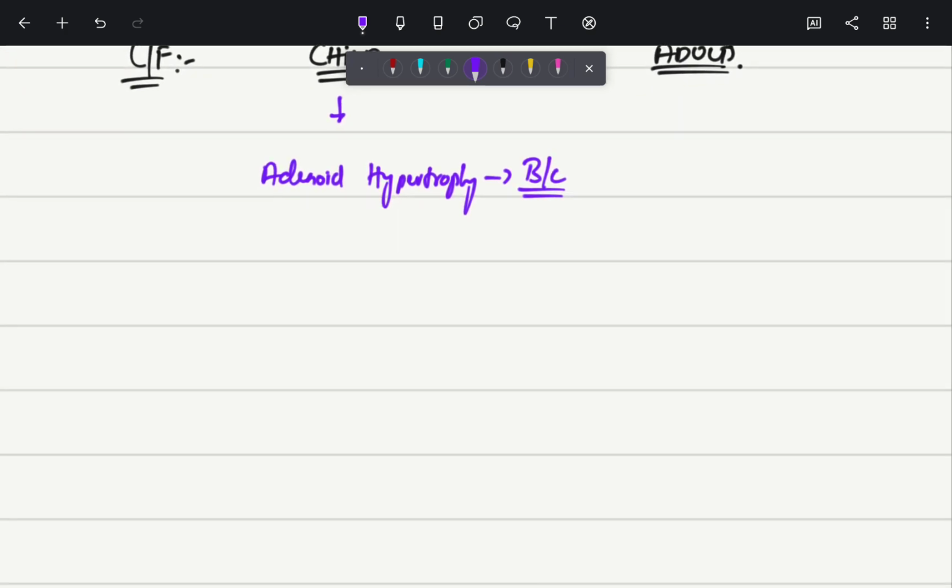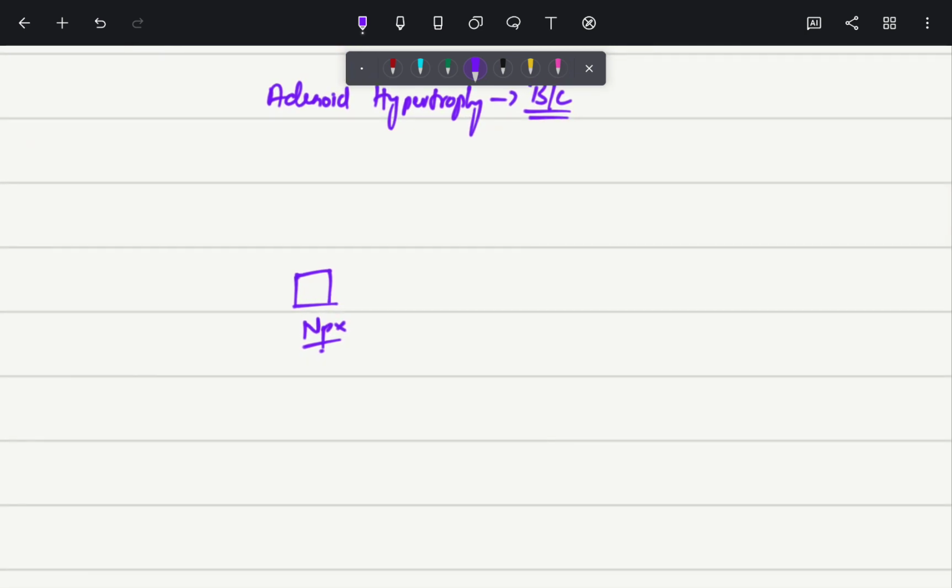Now what is this adenoid hypertrophy? This is the nasopharynx, and here are your eustachian tubes. Beside these eustachian tubes we have adenoids, and whenever these adenoids are hypertrophied, they can block the eustachian tube.